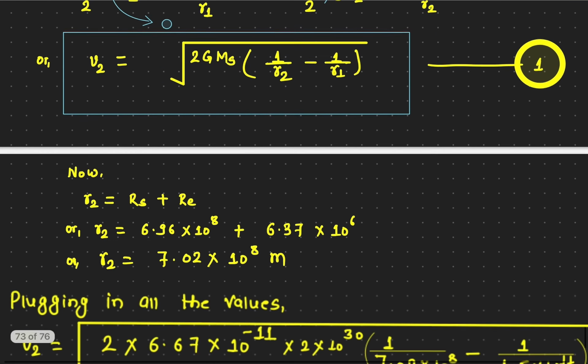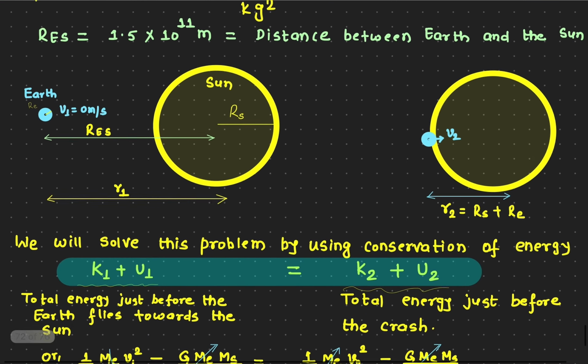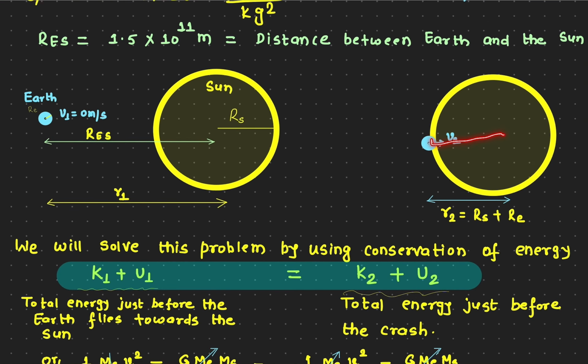Now all I have to do is plug in all the values. We know the universal gravitational constant, we know the mass of the earth, we know the r2. What is the r2? Again, r2 here will be the radius of the earth plus the radius of the sun.